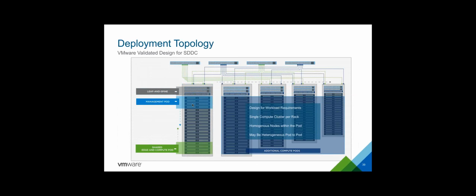We do, in the 3.0 release, require a single compute cluster per rack. So if you define the cluster, say in that first additional compute pod, you would want the cluster to simply be within that rack. It wouldn't be vertical versus horizontal today. I'll underscore today.